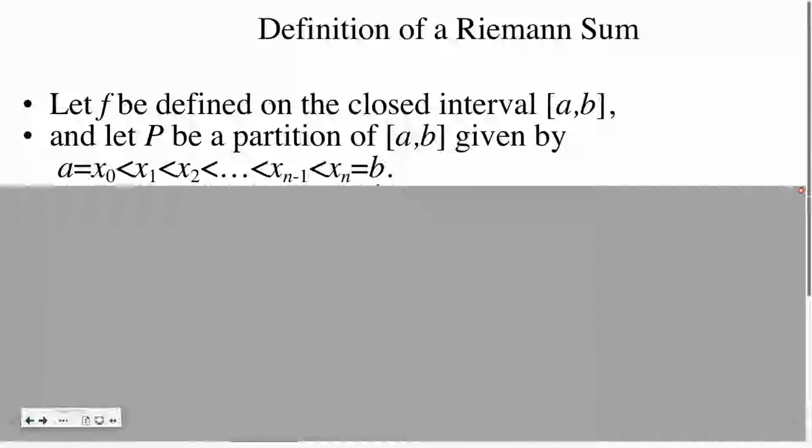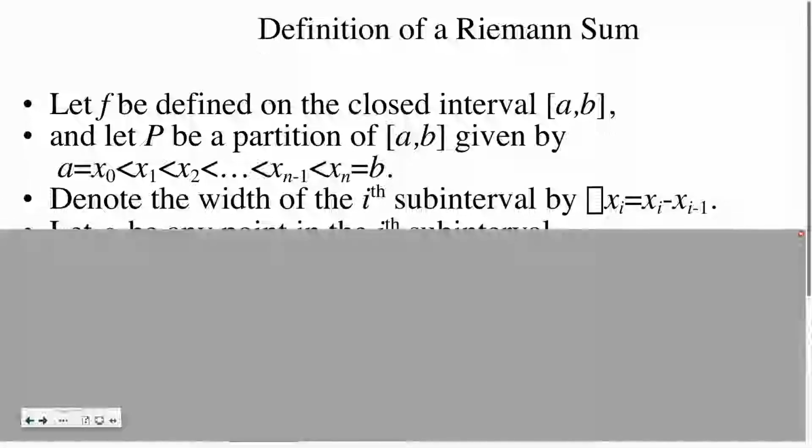We're going to partition this into infinitely many rectangles between a and b, and for now, we're going to have n rectangles.